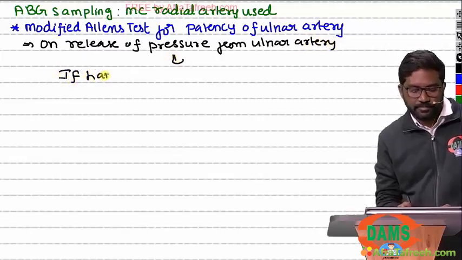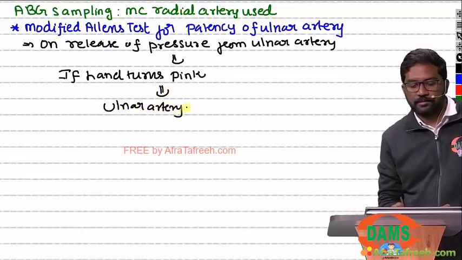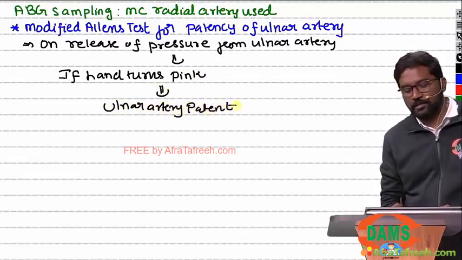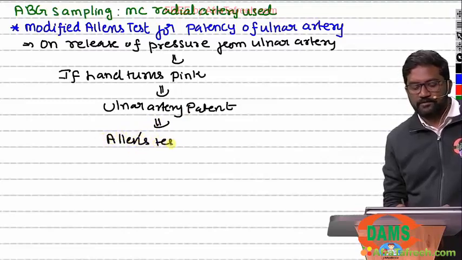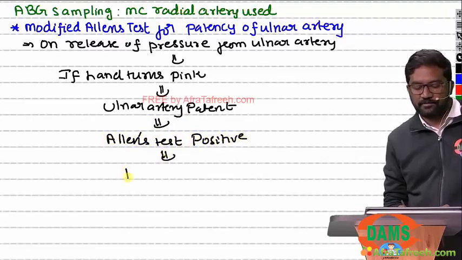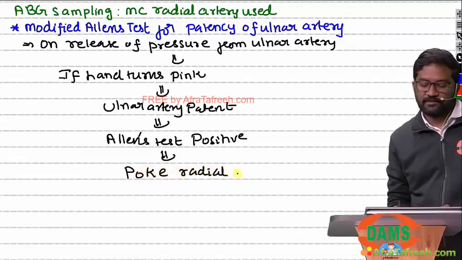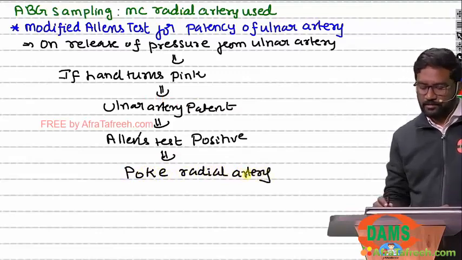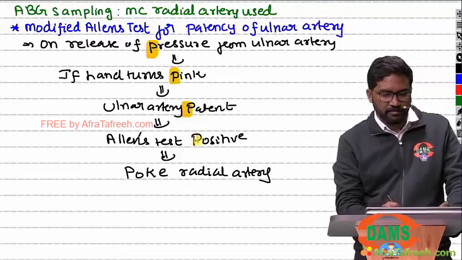If the hand turns pink, it means the ulnar artery is patent. Ulnar artery patent means Allen's test positive. If Allen's test is positive, you can poke that adjacent radial artery. If you observe here, everything starts with the letter P.